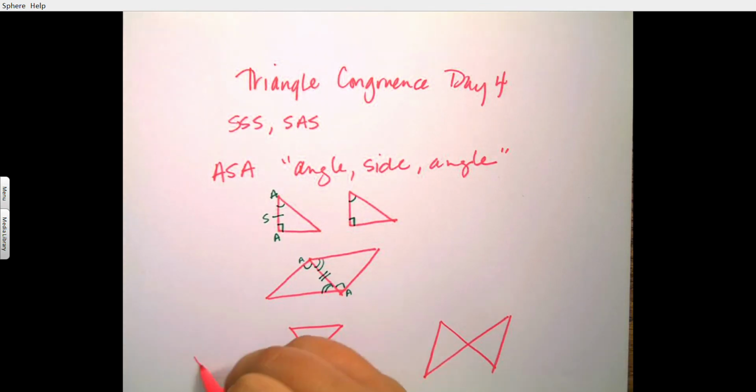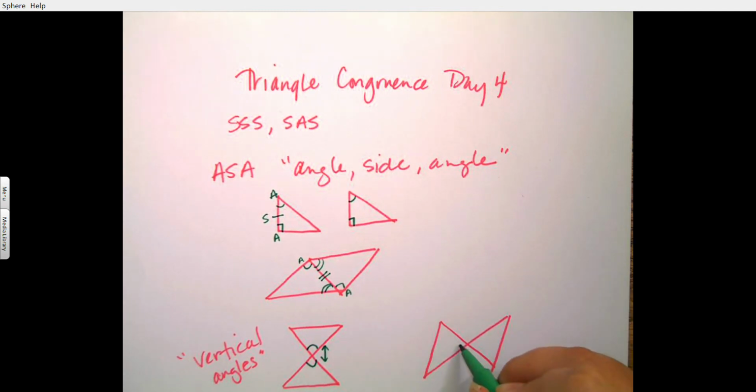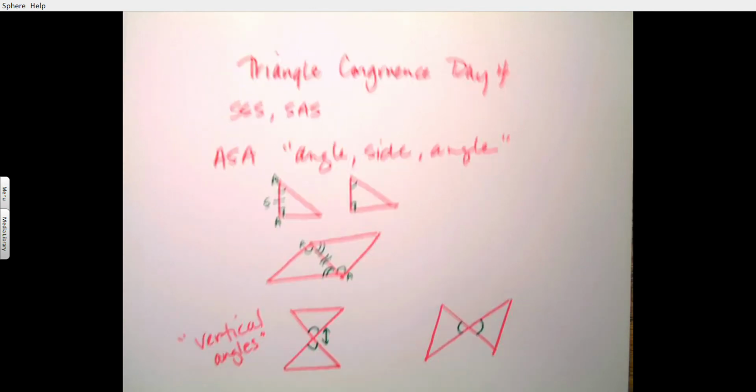These are called vertical angles. And vertical angles are this and this. See, diagonally across from each other, here and here. And they don't have to be marked.